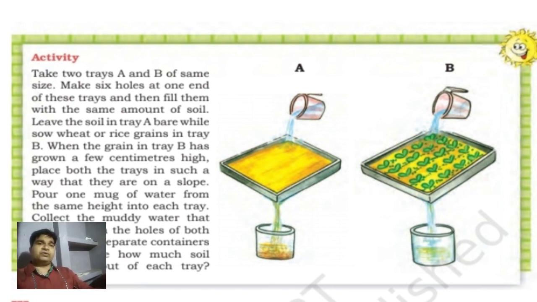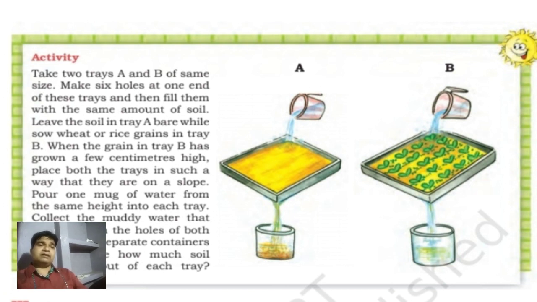Then what you have to do? Place both the trays in such a way that they are on a slope. Slope means like this, means the water can flow from that place, that is known as slope. Pour 1 mug of water from the same height into each tray.